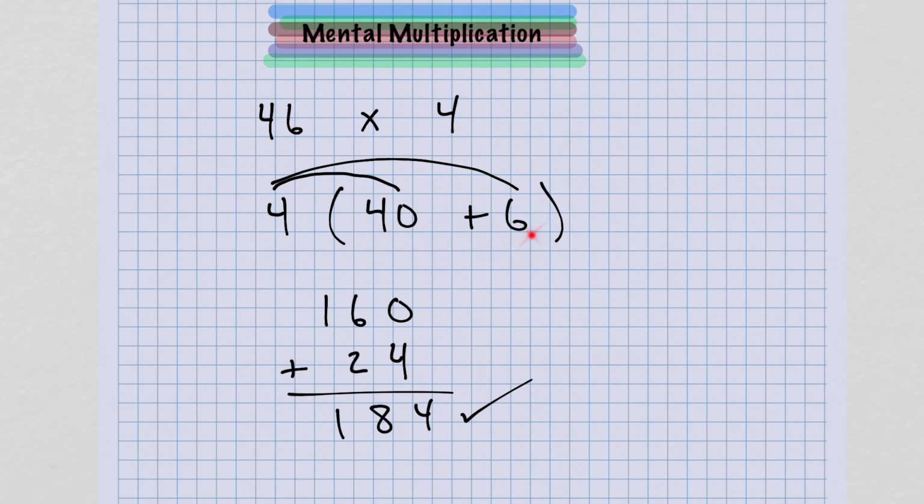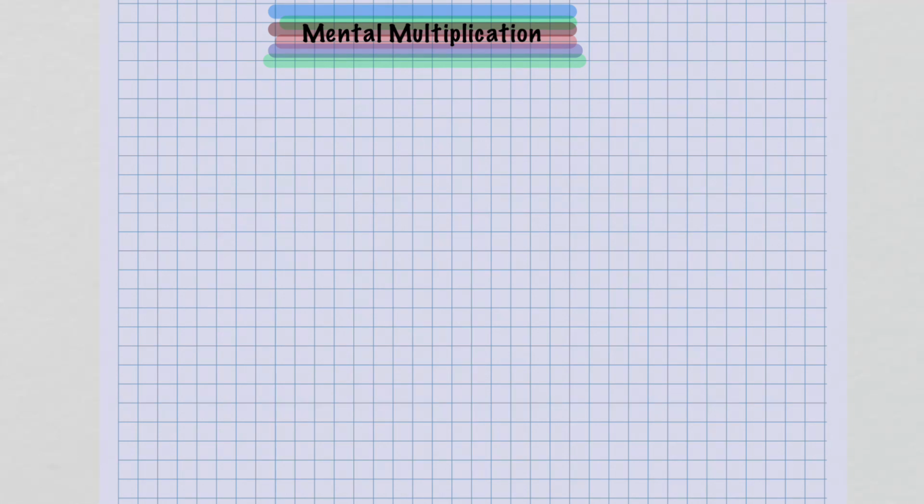Basically, we're splitting numbers apart. 46 is represented as 40 plus 6. This is the idea of splitting numbers apart to help you do your calculations. Number splitting. Let's try another one. Here we have 77 times 3.